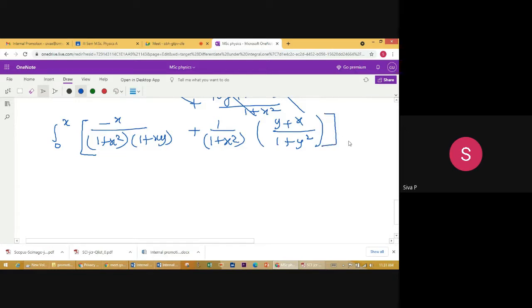So bracket dy, plus log 1 plus x square divided by 1 plus x square. That is not change.